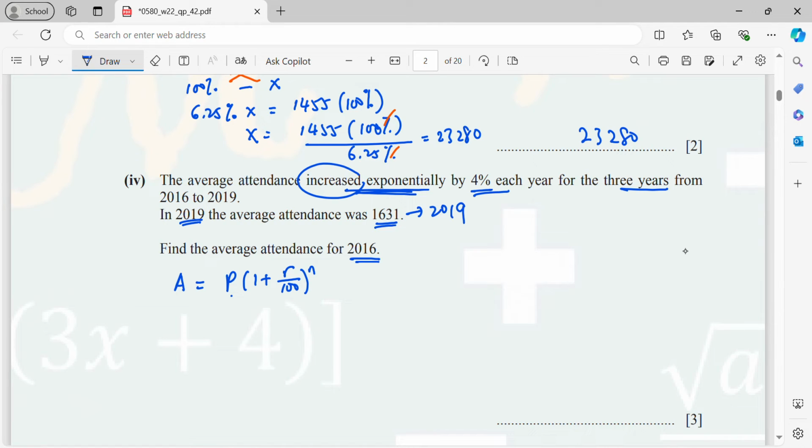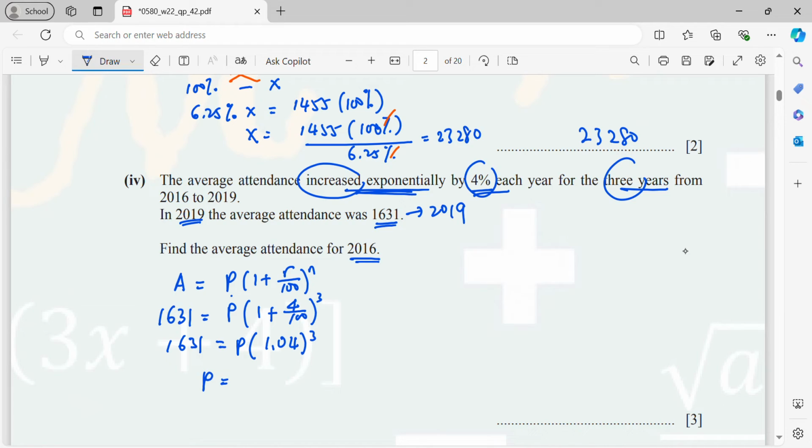So now here I will write 1631 equals P, P is the 2016 average attendance, 1 plus 4 over 100, then 3 years. That means the n is 3. Then I will be getting P times 1 plus 4 over 100, which is basically 1.04, to the power of 3, equals 1631.